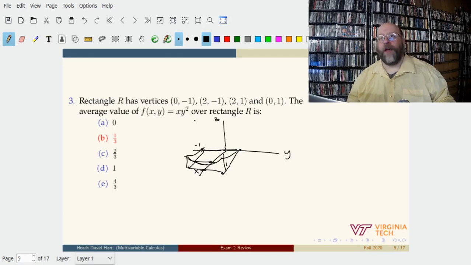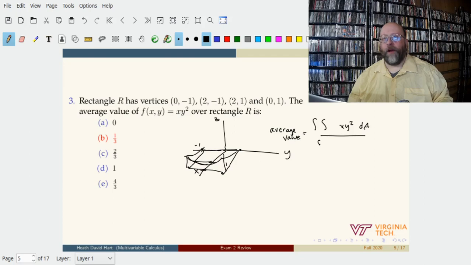The question is to find the average value. The average value is equal to the integral with the function, I'll just say dA for area. We can choose whether to do this dy dx over just the plane area itself.